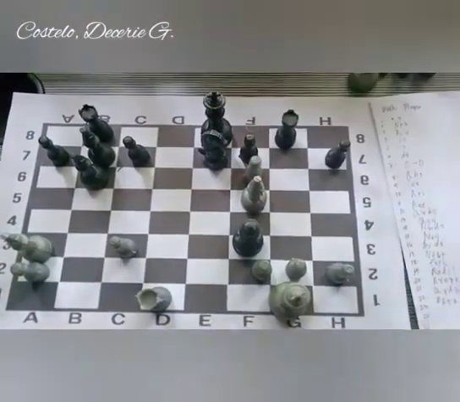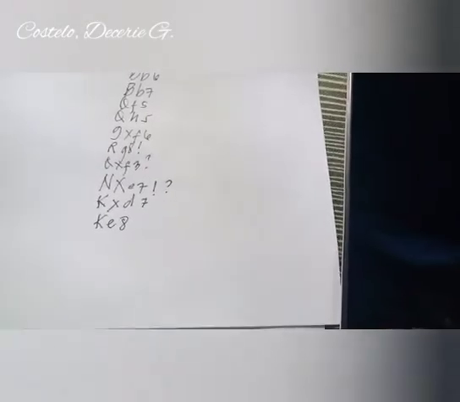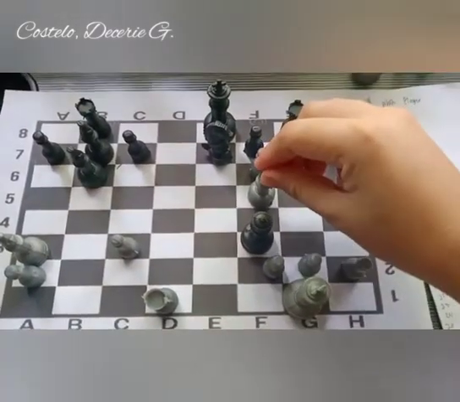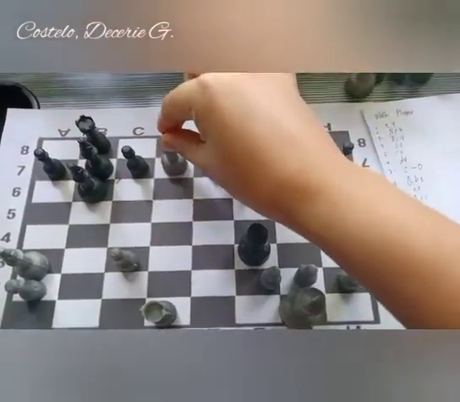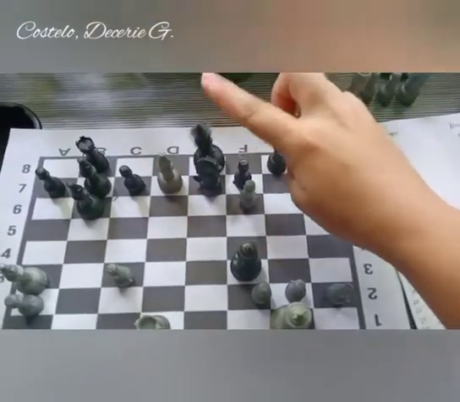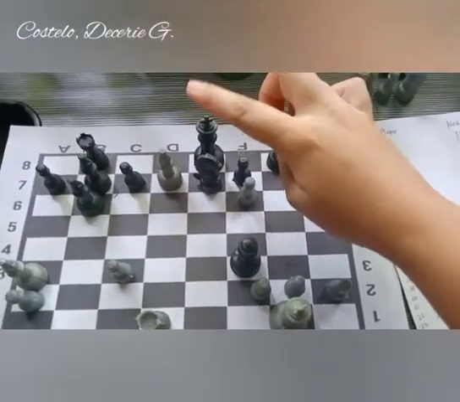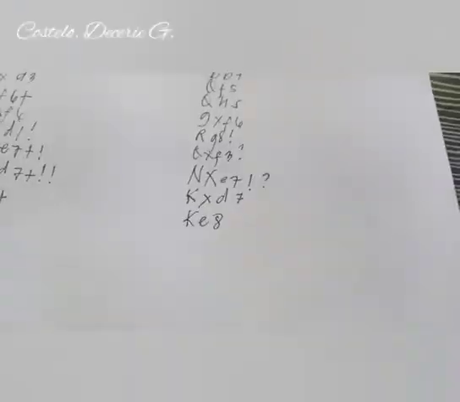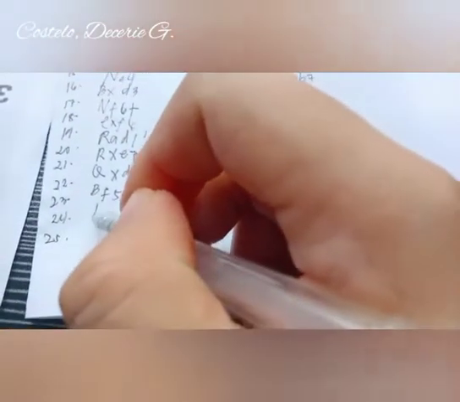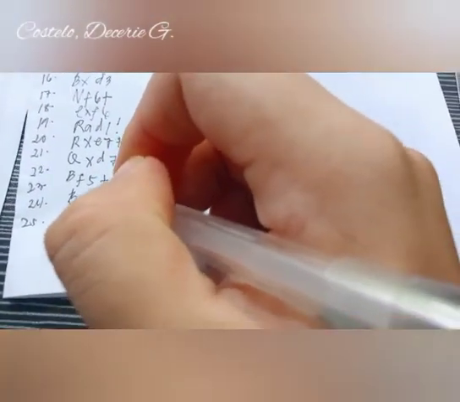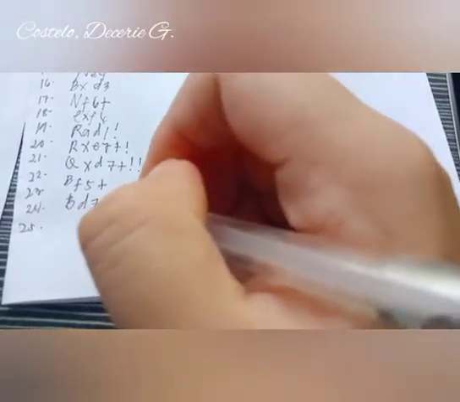The black king goes to e8. So we're going to write K e8. Next, we have the bishop goes to d7, check, and check the black king. So we are going to write B for bishop, d7, plus sign or check sign.